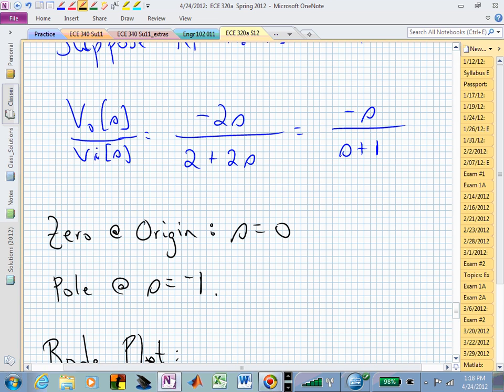What's it giving to us at low frequencies? S plus 1, or j omega plus 1, and j omega is very, very small. The angle of 1 is 0. So now we're transitioning between 0 and -90. How long have we agreed that takes in our straight line approximation? 2 decades.